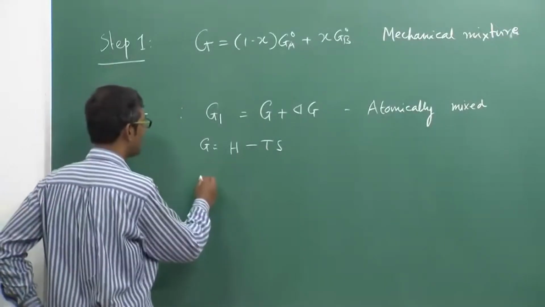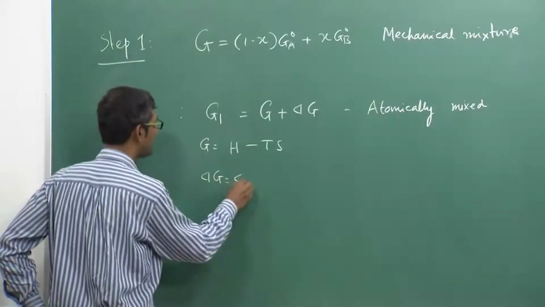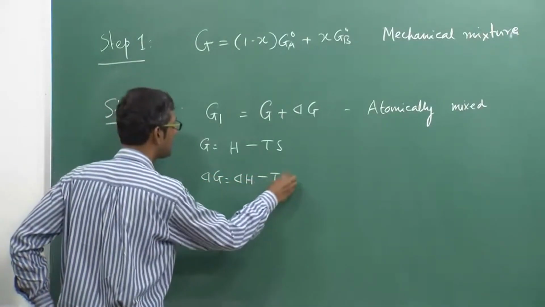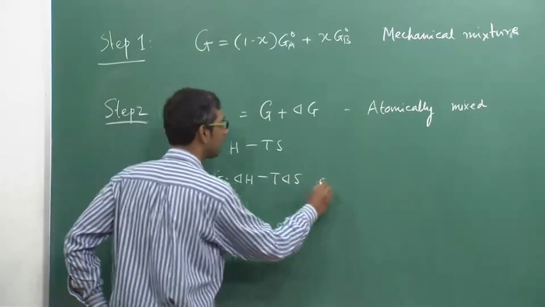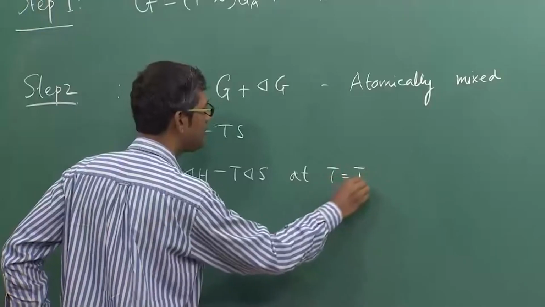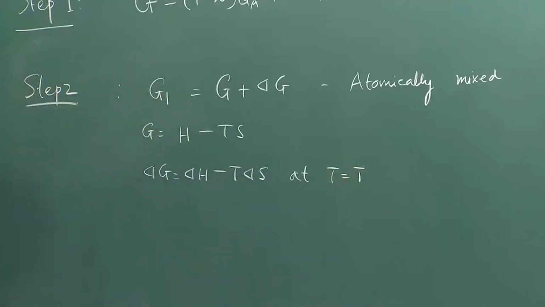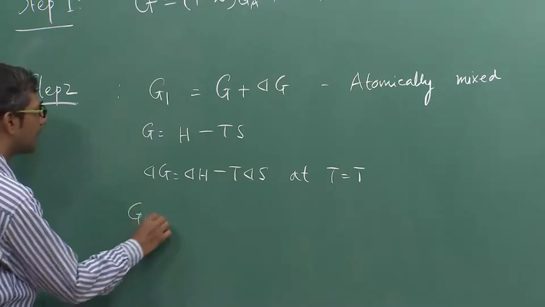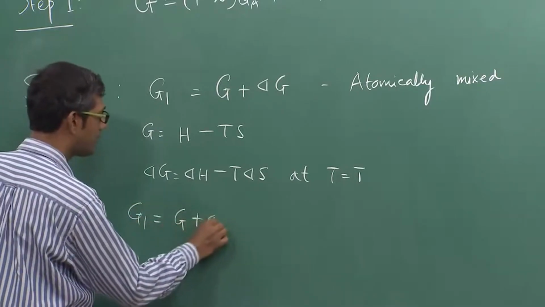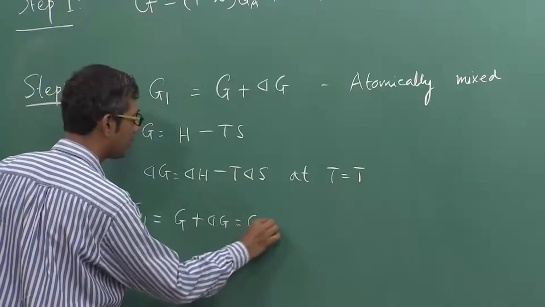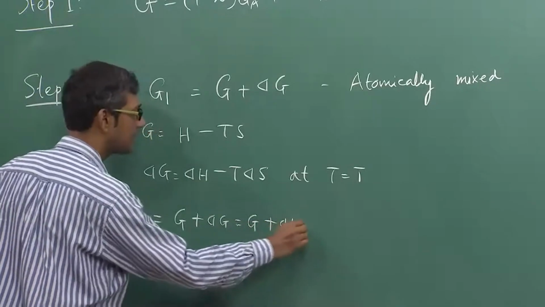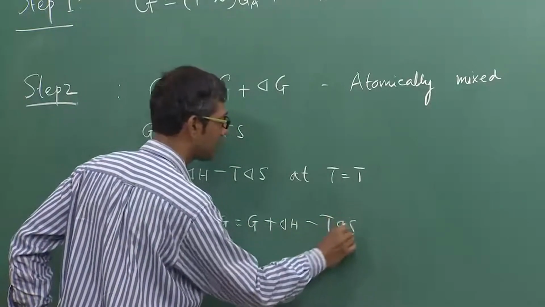Therefore, delta G is nothing but delta H minus T delta S at a certain temperature T. That is what we know. So I can simply write G1 is nothing but G plus delta G, that is equal to G plus delta H minus T delta S.